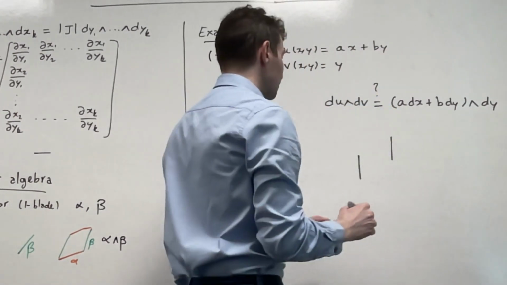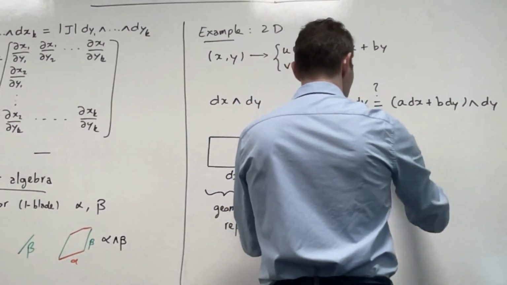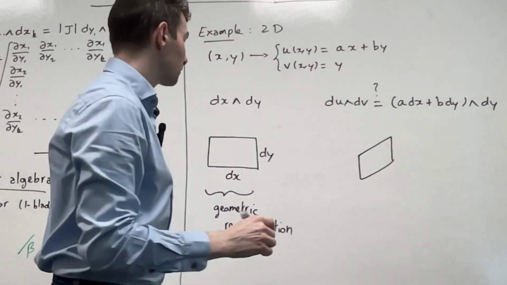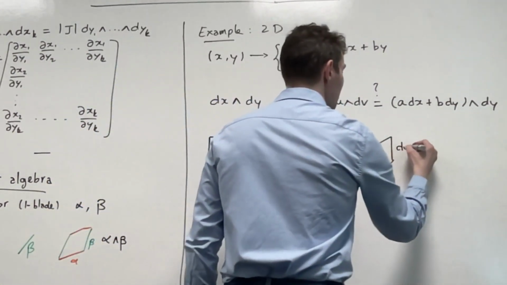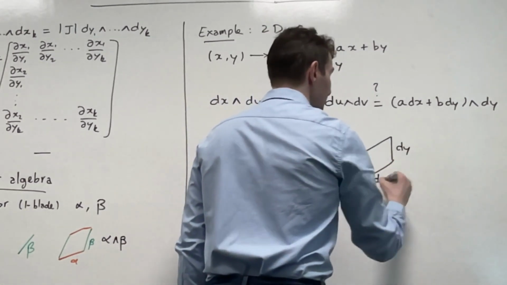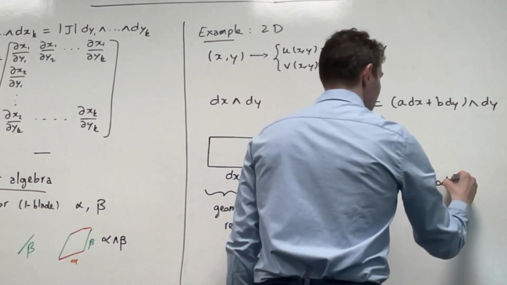And then I'm actually plotting the rest, okay? And so here what I've plotted is the dy is still remaining the same, but then this one now is actually du. And so that's a dx plus b dy.